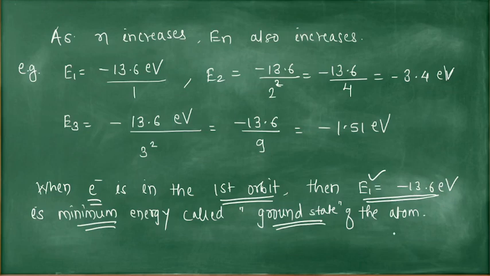Suppose the electron absorbs some energy and goes into the next, outer orbit, then the electron is in an excited state, not in the ground state, because the hydrogen atom's structure has the electron in the first orbit. So the first orbit is called the ground state level. When the electron goes to an outer orbit and is present in that orbit, the electron is said to be in an excited state.